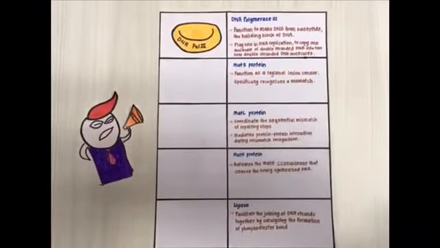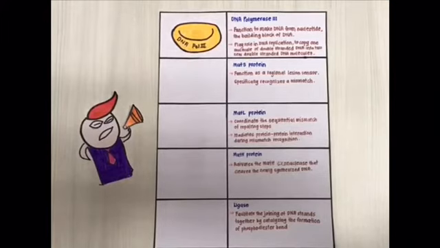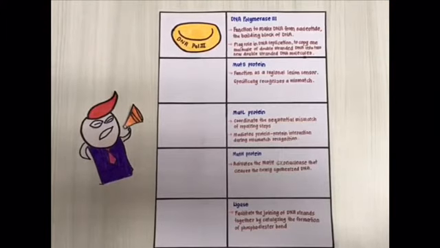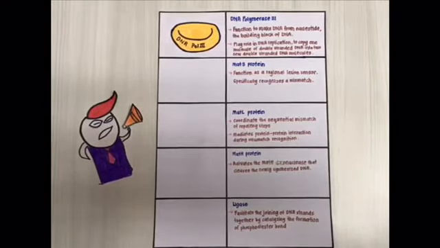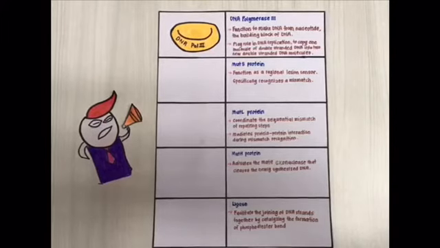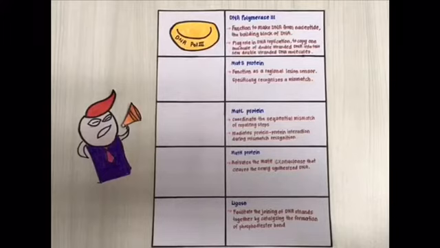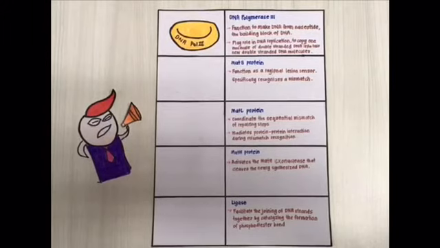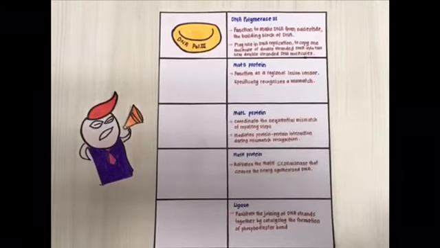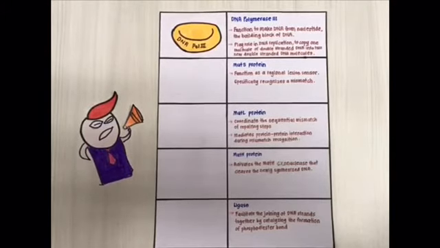The first component involved is DNA polymerase III. Its function is to make DNA from nucleotides, which are the building blocks of DNA, and it also plays a role in DNA replication to copy one molecule of double-stranded DNA into two new double-stranded DNA molecules.